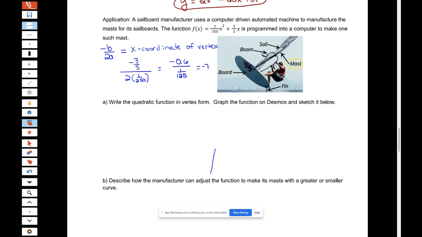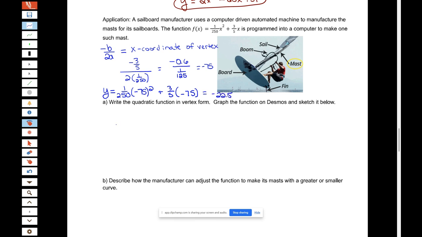All right, that's not bad. Okay, now to get the y coordinate of the vertex, I'm going to take my x value and plug it in: 1 over 250 times negative 75 squared plus 3/5 of negative 75. I get negative 22.5.